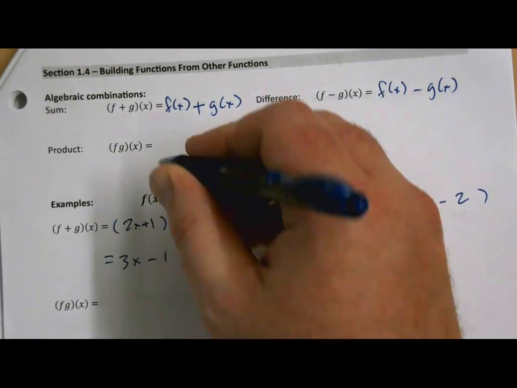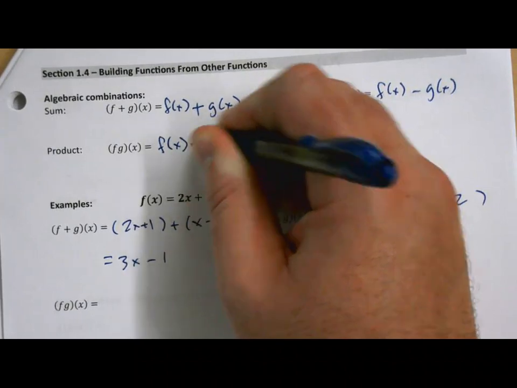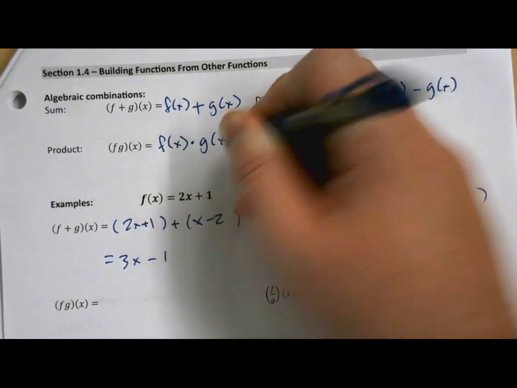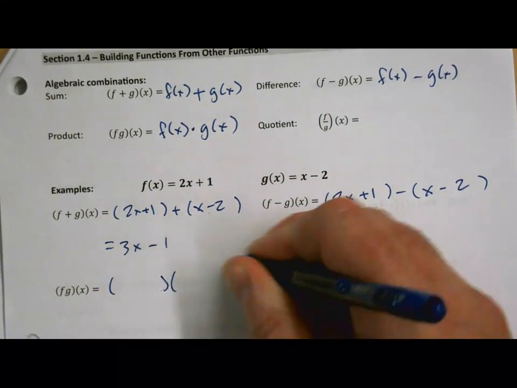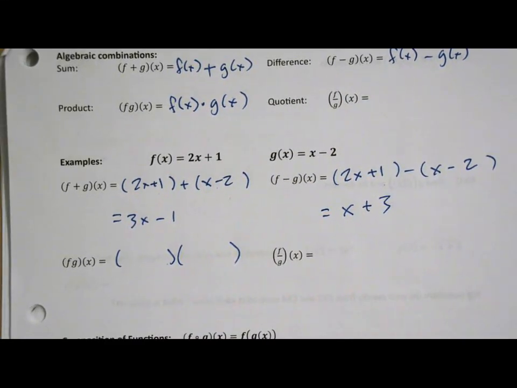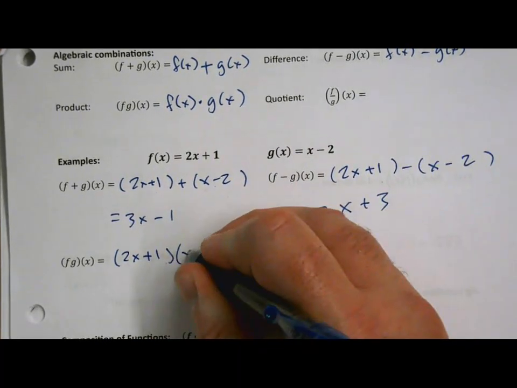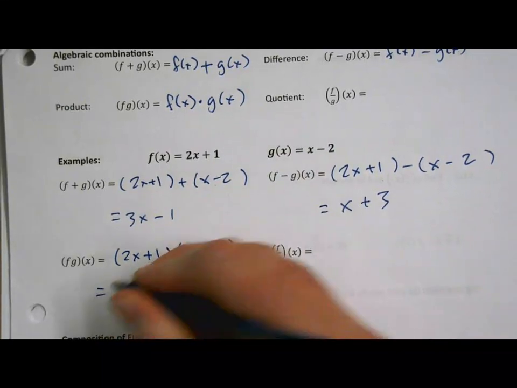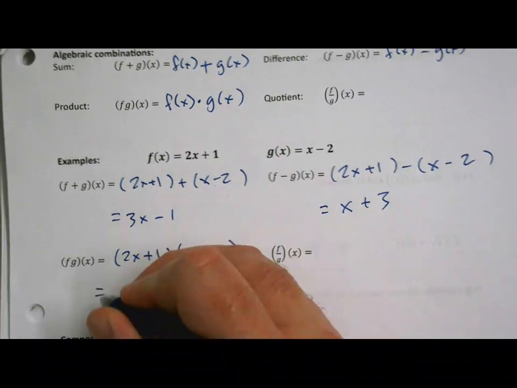Awesome. fg of x just means multiply them together. f of x times g of x. So down here, we're going to just write our 2 functions next to each other inside of parentheses, and we'll multiply them out. See if we can simplify anything. FOIL.